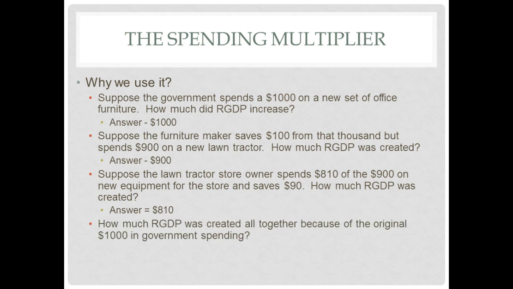One last time: how much RGDP was created altogether because of the original $1,000 in government spending? Well, $1,000 from the original spending, then $900 from the furniture maker, then $810 from the lawn tractor owner, so we ended up with $2,710. In other words, the initial $1,000 spent by the government actually created a great deal more than that in spending on our GDP.